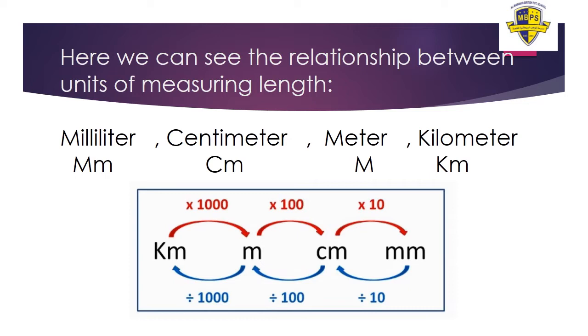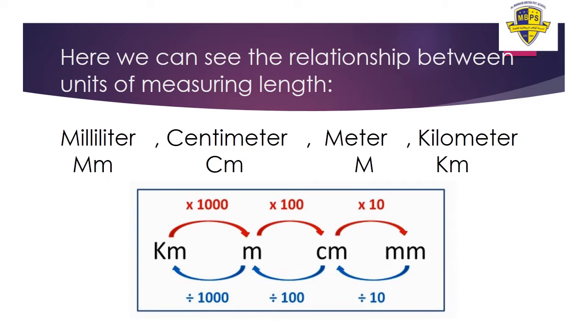Then between centimeter and meter we have 100. So 100 centimeters make 1 meter. And 1000 meters make 1 kilometer. This is the relationship between the units.